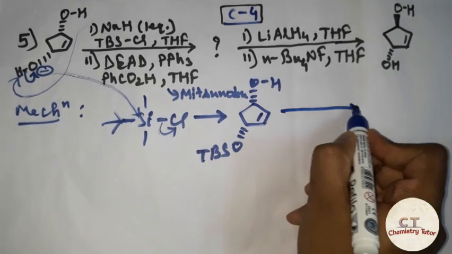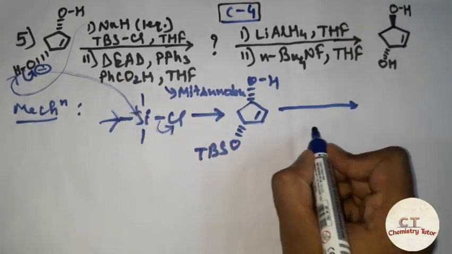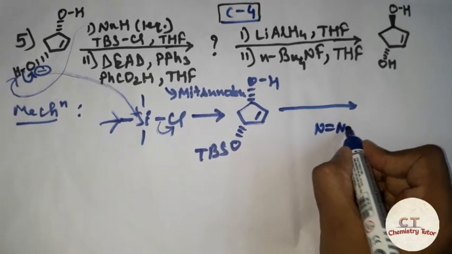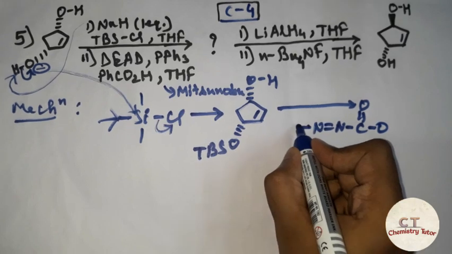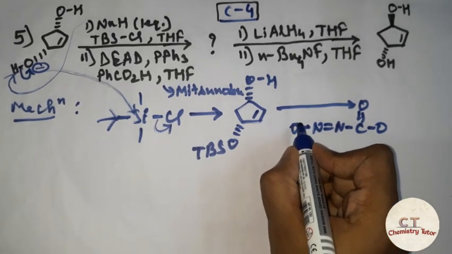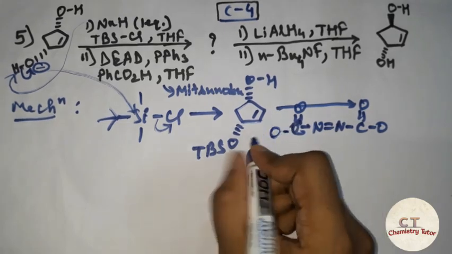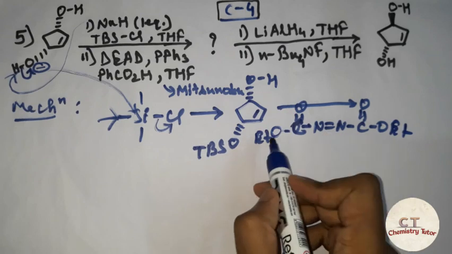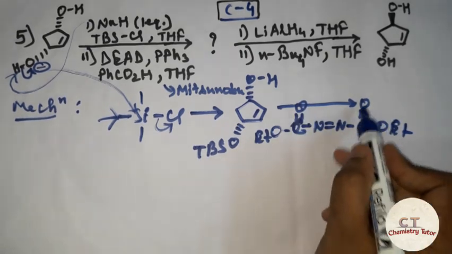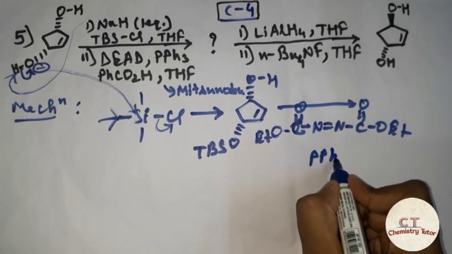DEAD is diethyl azodicarboxylate, with C double bond O, CO Et, and also PPh3 is given.